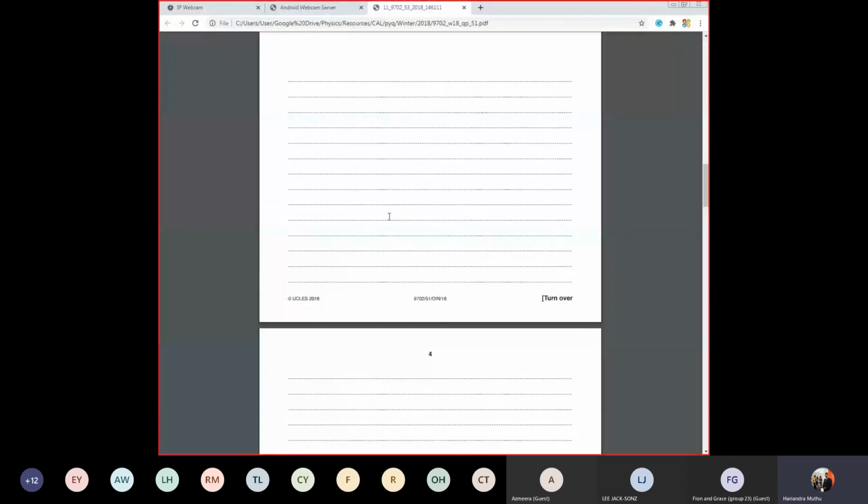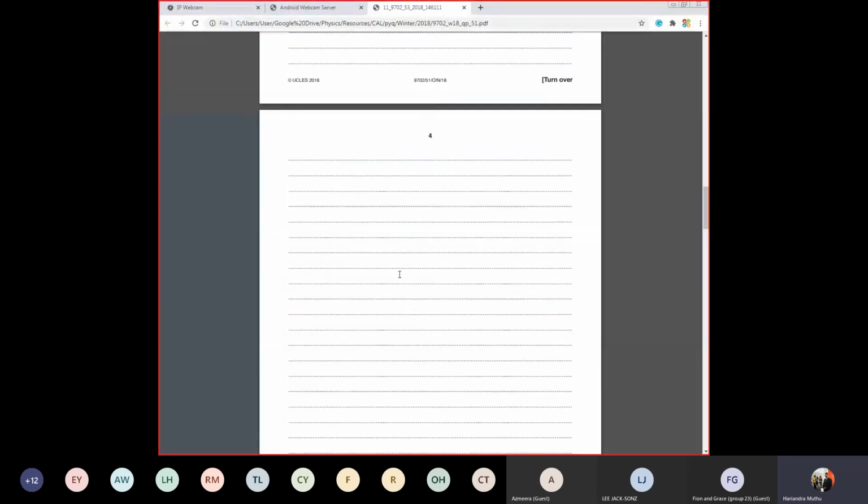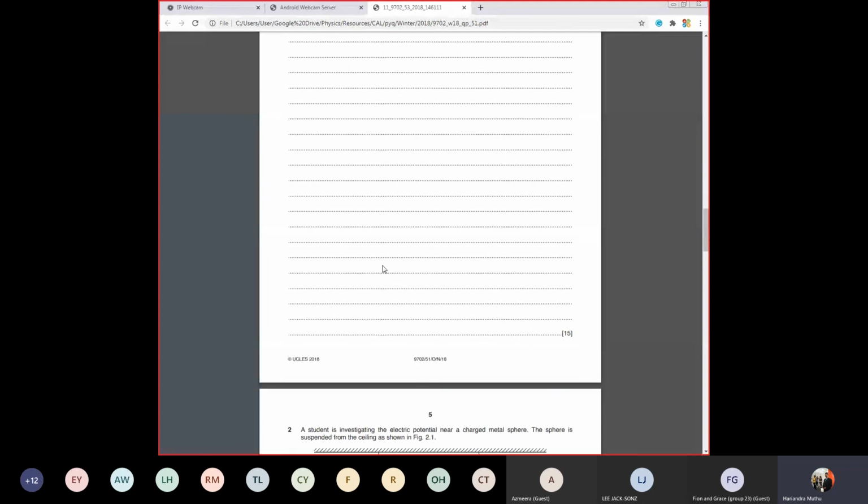So then you start explaining here the analysis, right? At the end, you can write the safety if you miss out anything, right? That's the whole thing. That's how you write the points and whatnot.